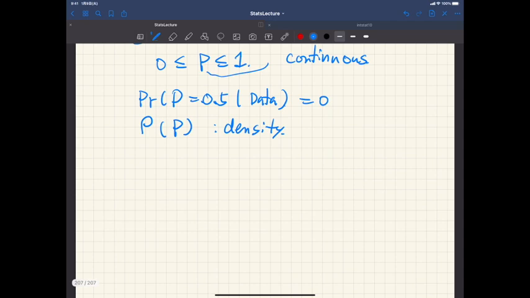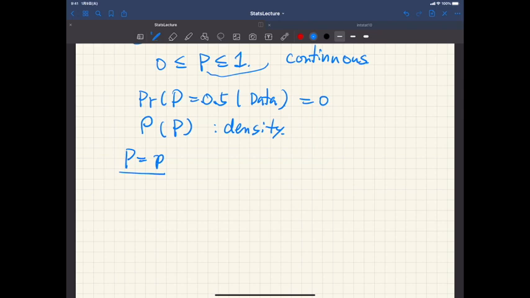Okay, let's formulate this in the way of Bayesian inference. Suppose this p has some specific value, small p. Given this, this is a kind of hypothesis, right?